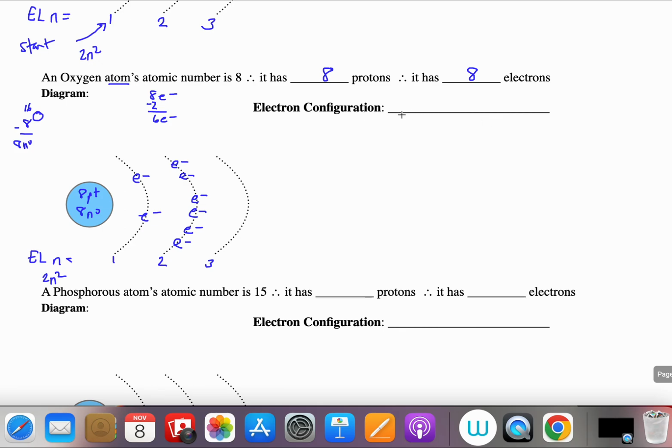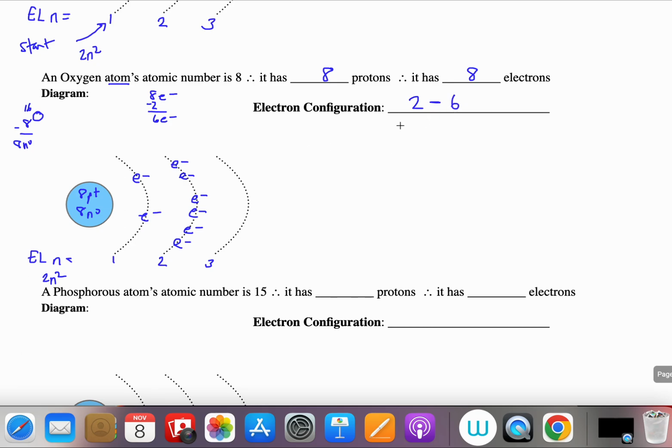All it shows are the electrons moving from energy level 1 towards 7. Energy level number 1 has 2 electrons, so I'm going to put 2. I'm going to put a dash because that'll separate the information from energy level 1 and energy level 2. And then I place 6 electrons in energy level number 2.